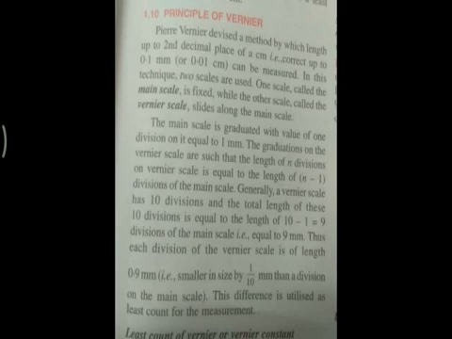Vernier devised a method by which length up to the second decimal place of the centimeter can be calculated. In the meter rule we calculate 1.2, 1.3, 3.1, up to 1 decimal place. But in case of vernier, we calculate up to 2 decimal places, just like 1.25.